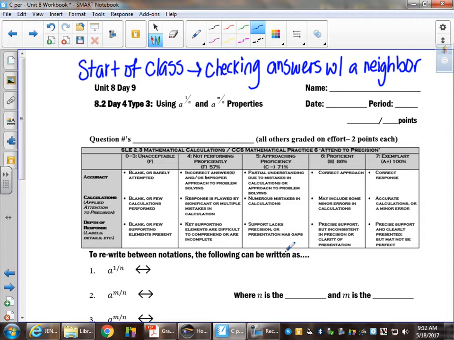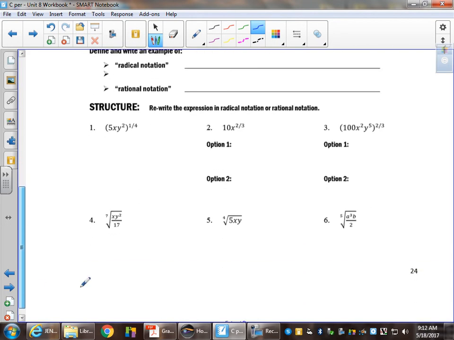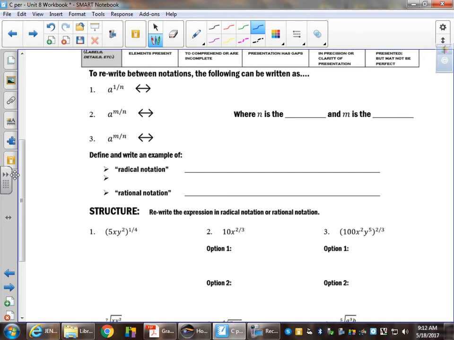As you're having your conversations, folks, please let me know if there's any that you would like to go over or disagree on. So first, I'm going to check answers on structure. These fill-in notes came directly from your notes on page 20, so if you didn't know where to pull that information, go to page 20.